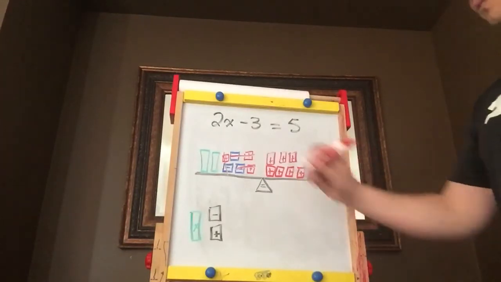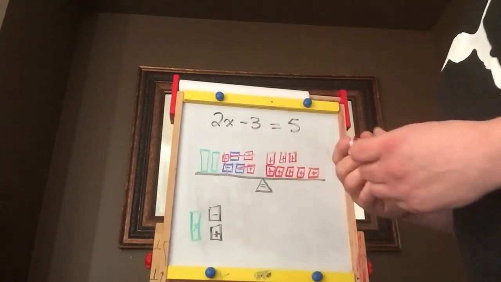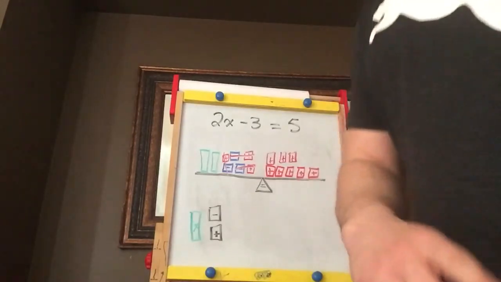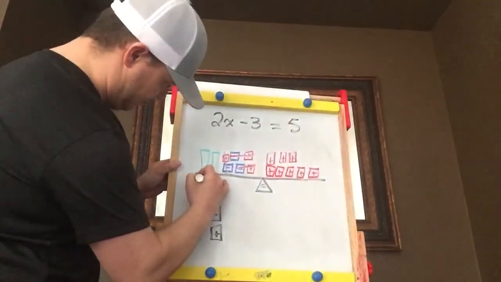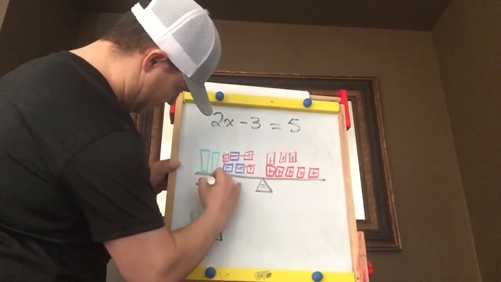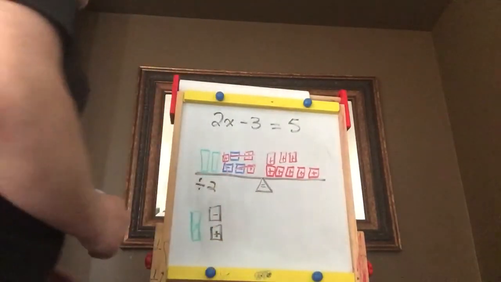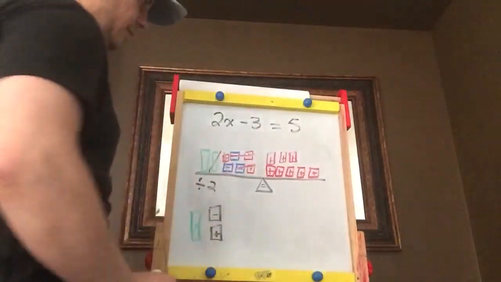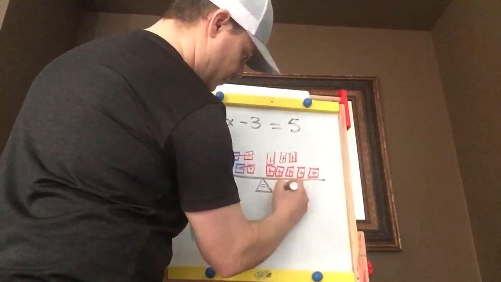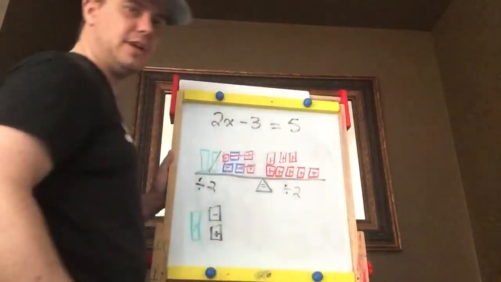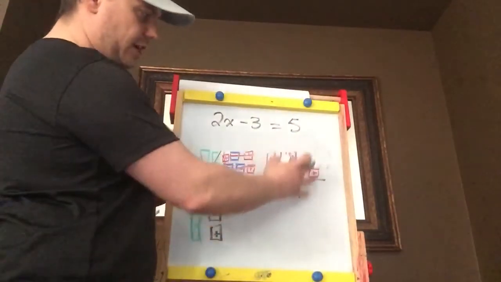Okay, get rid of the 2x, you divide by 2. You can just show divide by 2 underneath. Okay, that's going to cancel out one of those. Divide by 2 on this side, and if you count, there's 8 of them.